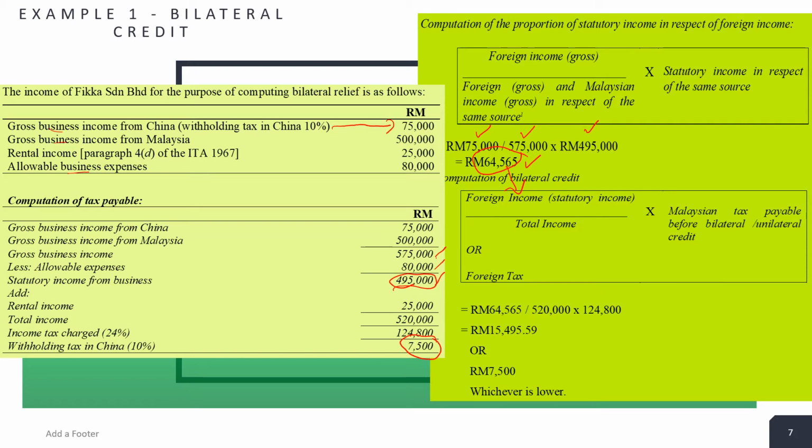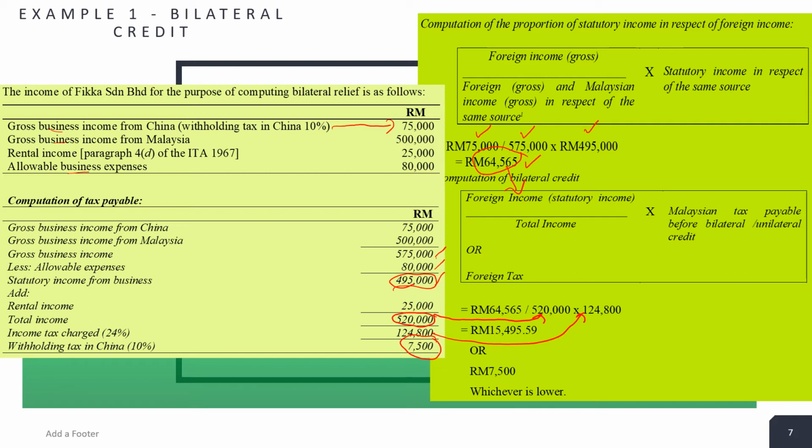Take this and put it into the formula. We take the SI from business in China, divide by total income, and times the Malaysian tax payable, 124,800. You will get 15,495.59.